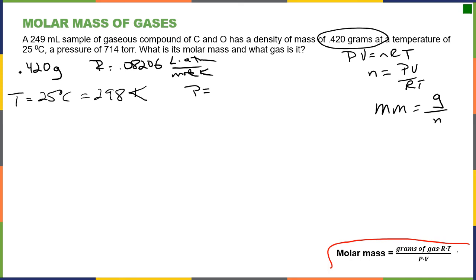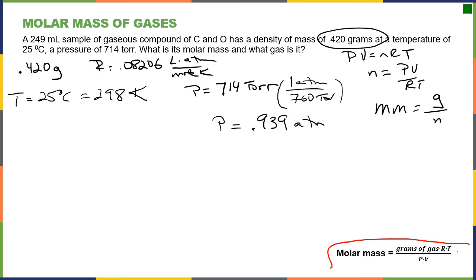Our pressure is 714 torr. We know from the units of pressure in R that it's got to be in atmospheres. Well, there's 1 atm for every 760 torr. And that's going to give a pressure here of 0.939 atm.